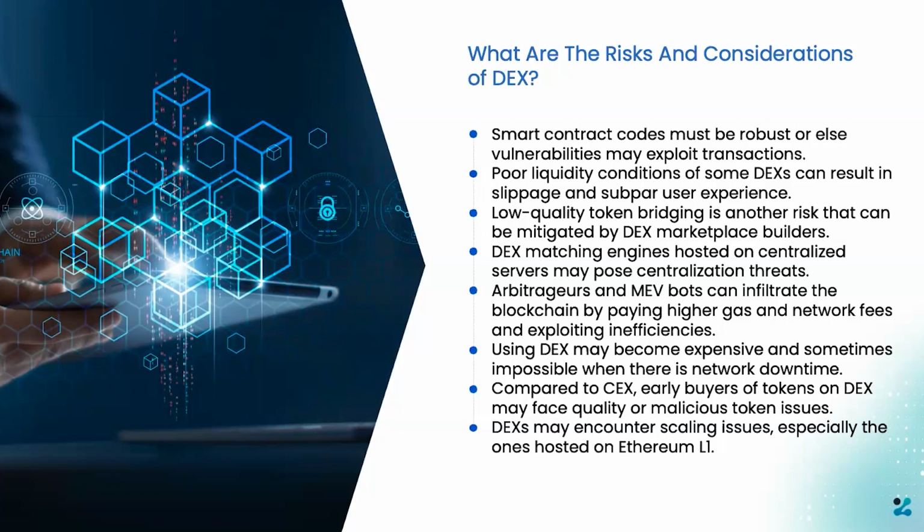And then token bridge is another, because as you see, most decentralized exchanges now are multi-chain. But the challenge with multi-chain is interoperability between chains. Let's say you have USDT on Polygon and you want to shift it to USDT on Avalanche or Ethereum. Typically people use cross-chain bridges. Again, cross-chain bridges are completely based on smart contracts, and a lot of hacks have happened as far as cross-chain bridges are concerned.